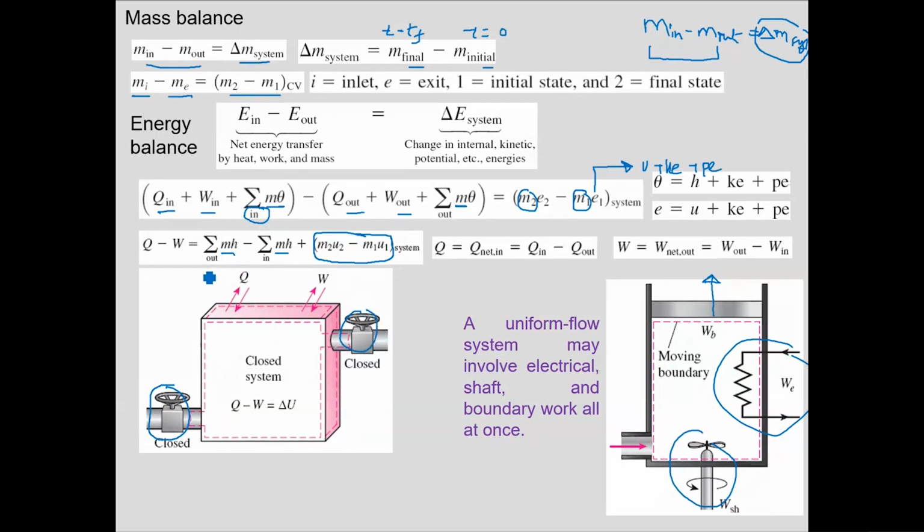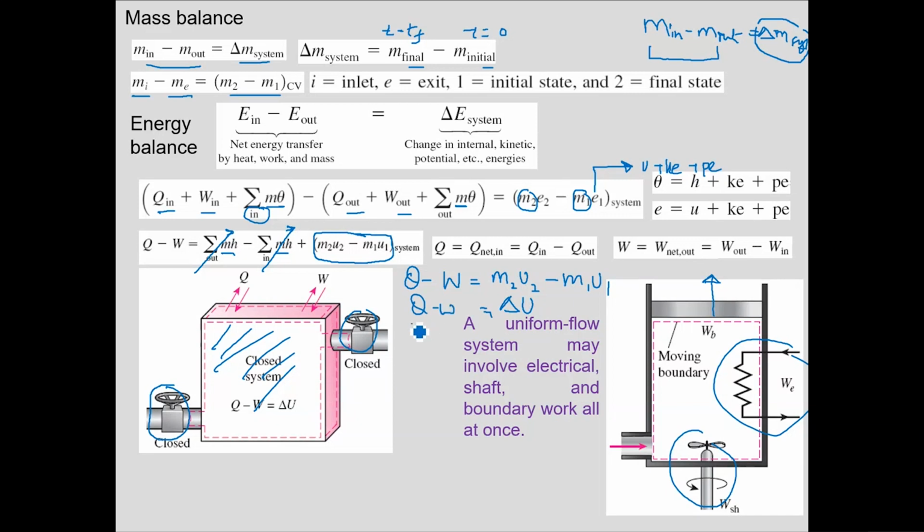In such a case, this term would be 0, and essentially Q minus W is equal to M2U2 minus M1U1, which, since the mass is constant now, M2 would be equal to M1, is equal to delta U.